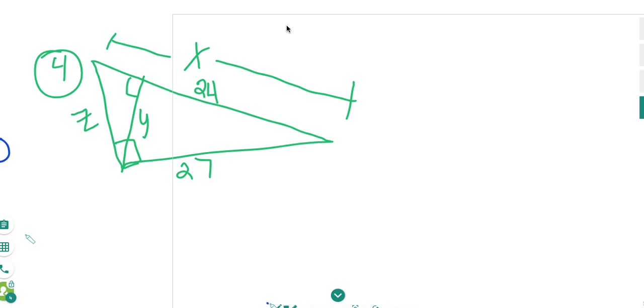So first of all, we're going to look for the leg. So here is our leg. And we're going to square that. So that's going to be 27 squared is equal to, and then we have the hypotenuse. So the entire hypotenuse is going to be x.